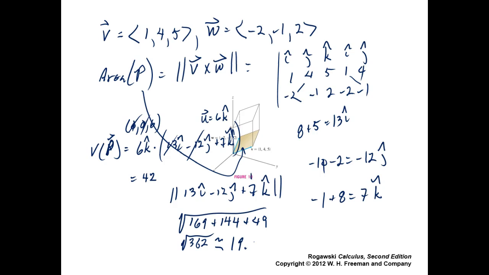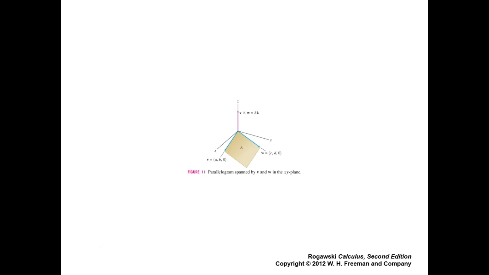Now, the next topic we're hitting here, we can compute the area A of a parallelogram spanned by the vectors V and W. Now this is in the xy plane. So the vector V is V1, V2, no Z component.